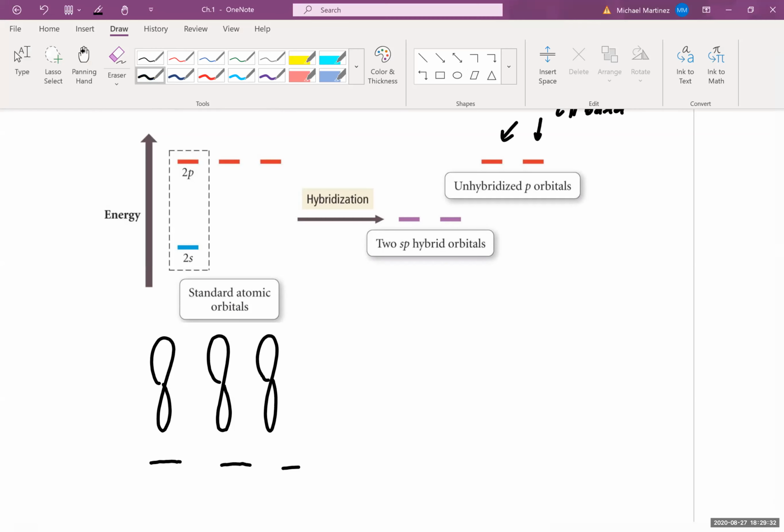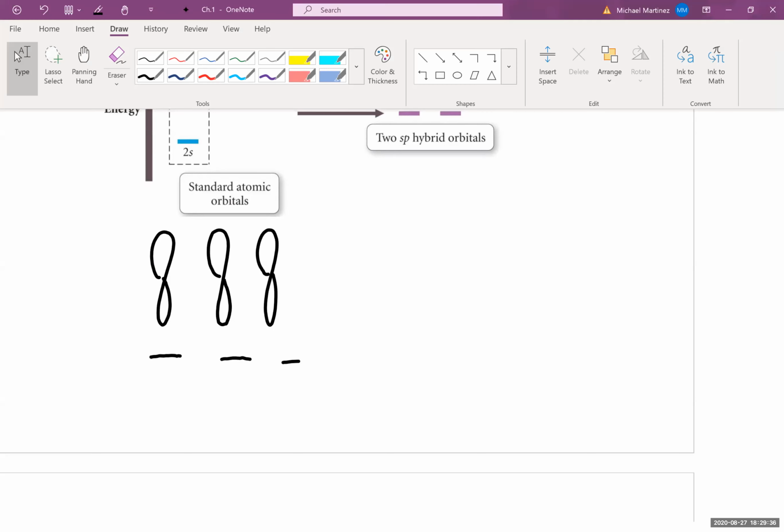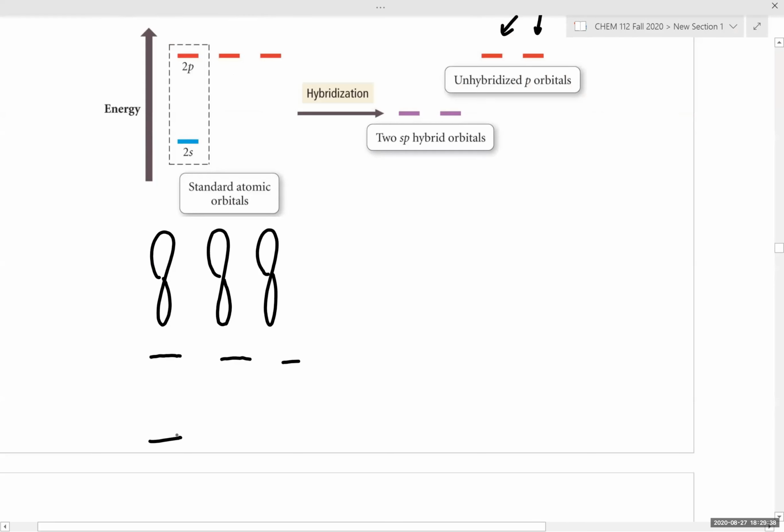I always like to draw pictures because it helps me remember how these orbitals are arranged in terms of energy. So after hybridization, we end up with these relatively low energy sp orbitals. They're very, very short and stubby.